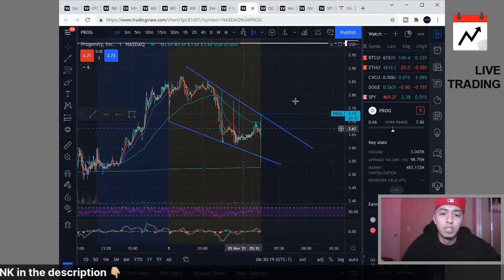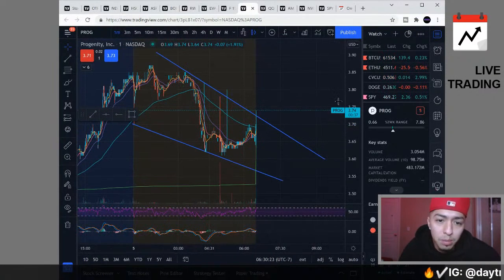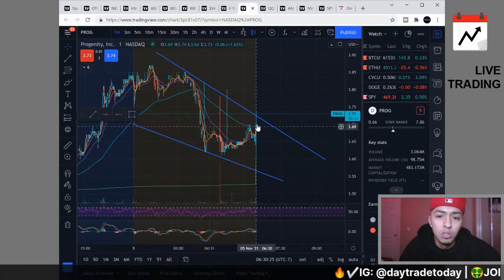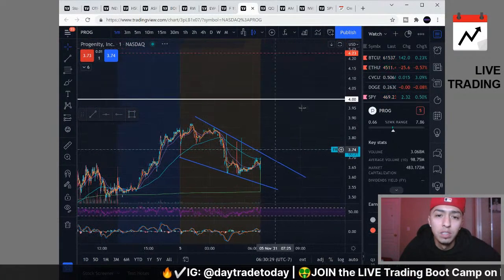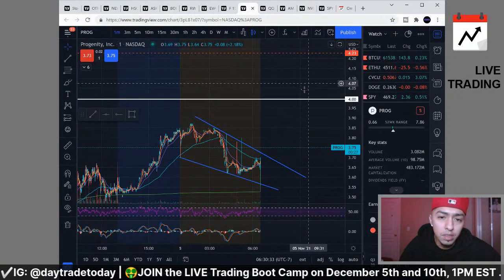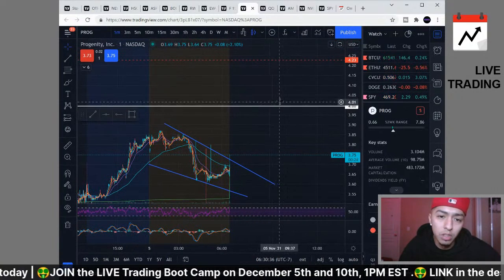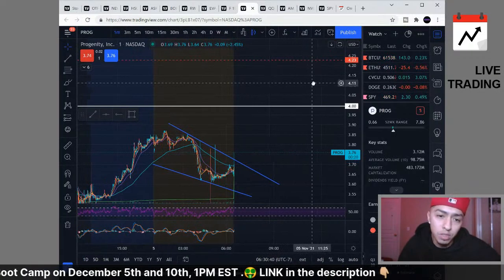So there's a falling wedge on PROG, and as you can see, it's starting to reverse back up. As soon as we break out of here, we'll have to come test $4. We have to break through $4, come back and retest it, and then on the way back up, you would take your entry at 4.23.